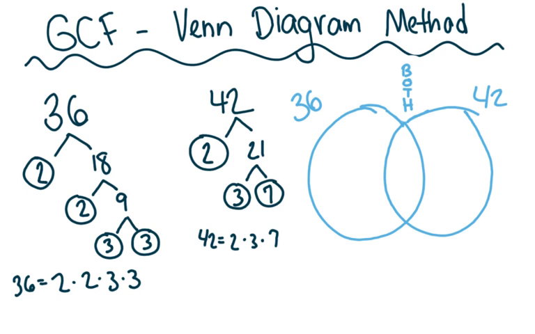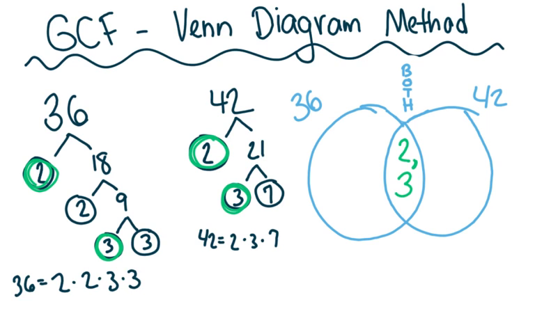Well, first and foremost, I will notice that 36 and 42 both share a 2. So I'm going to put that in the both section of my Venn diagram. I'll also notice, and I'll draw a comma here, that they share a 3. So I'll put that in the both section of my Venn diagram.